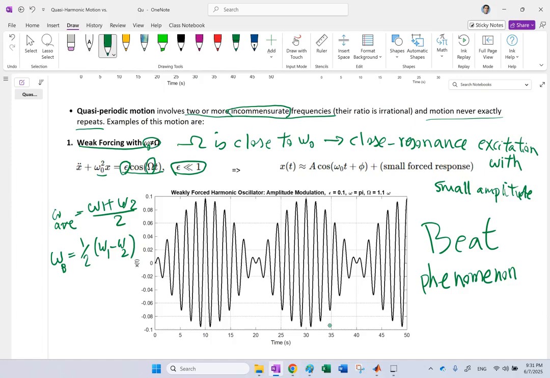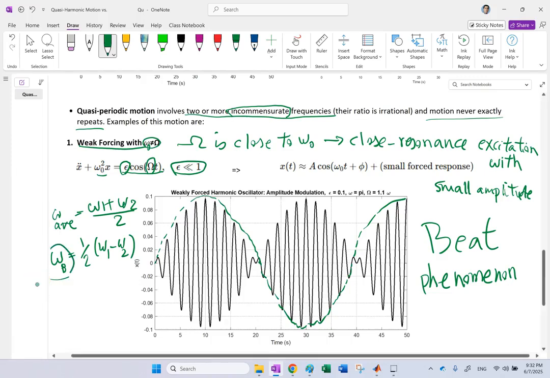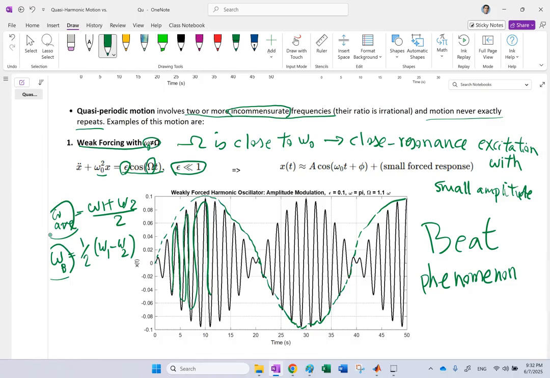That omega of the beat is the frequency of the envelopes of this response. So if you draw envelopes of this response, you see that when the amplitude gets modulated and changes, the envelope shows like a harmonic wave, and that has this frequency. And then the signal itself has a faster frequency, and that is omega average. So if you look at this response, it looks like it is repeating, but in matter of fact, if you zoom into it, it is never exactly repeating.